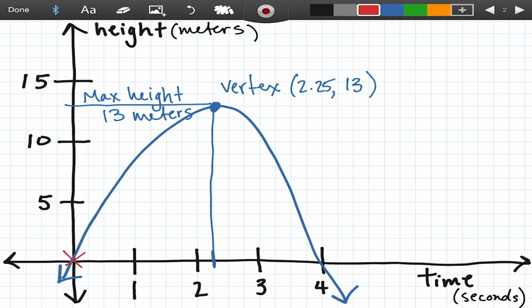How long was it in the air? Well, if this is 0 meters and 0 seconds, where's the only other time it hits the ground? It hits the ground right here, after 4 seconds. So the ball had 4 seconds of air time.